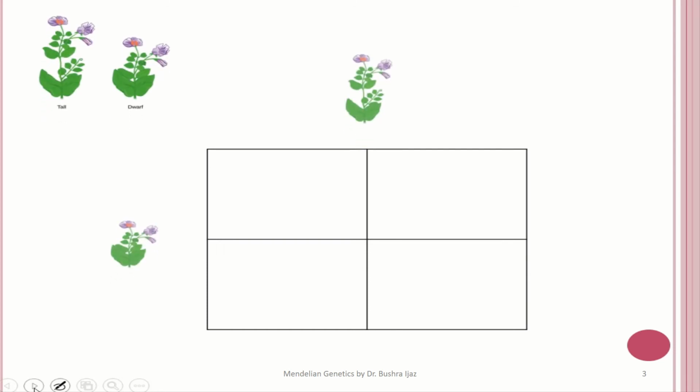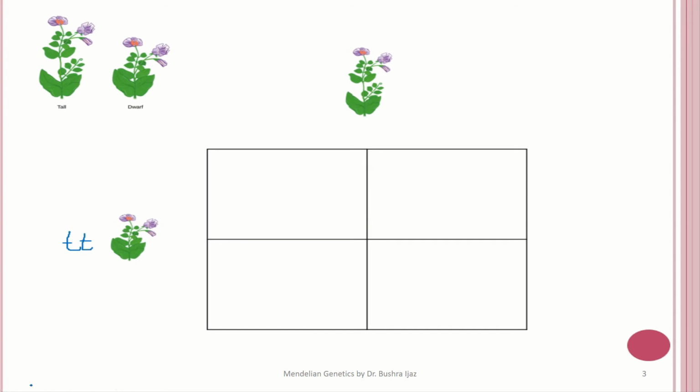Again, we'll do it. If we have a plant that is tall, but we don't know its genotype, and we have a short plant. For this short plant, we know that the genotype must be small t, small t for the character of height.